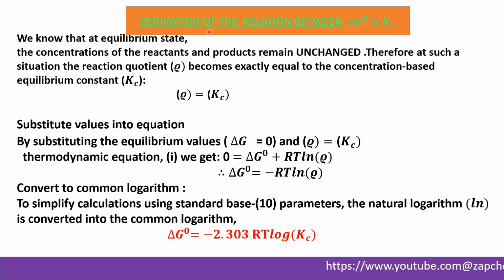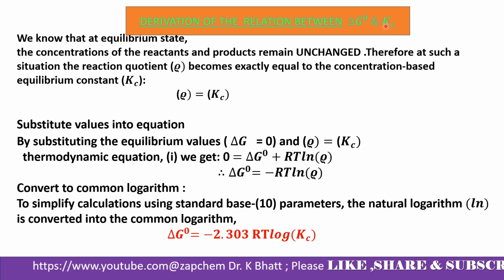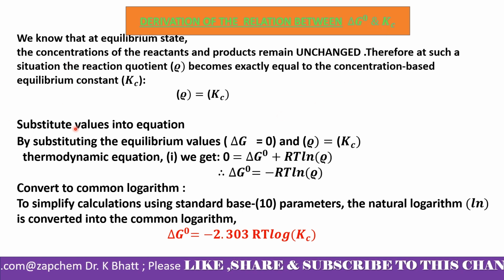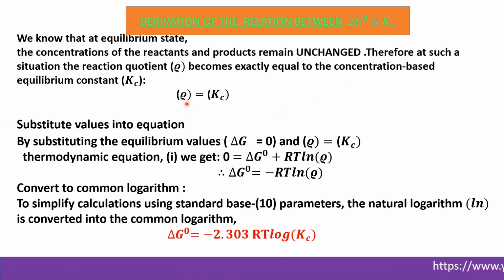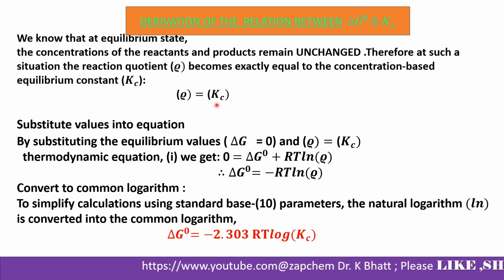Now we shall derive a relation between standard free energy change and Kc. We know that at the equilibrium state, the reaction quotient becomes equal to Kc, the equilibrium constant.